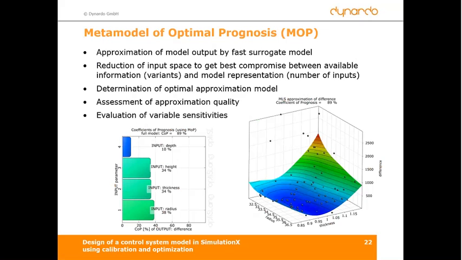The MOP also quantifies the forecast quality of the metamodel and estimates a sensitivity measure in order to get an idea about which variables are necessary and which are not needed.